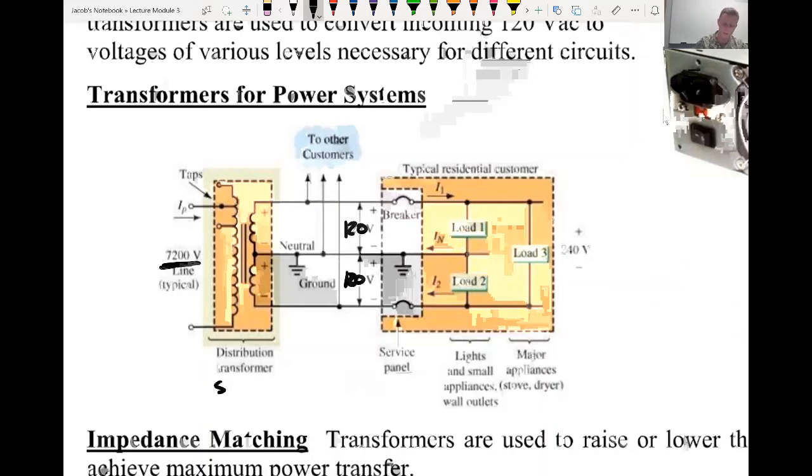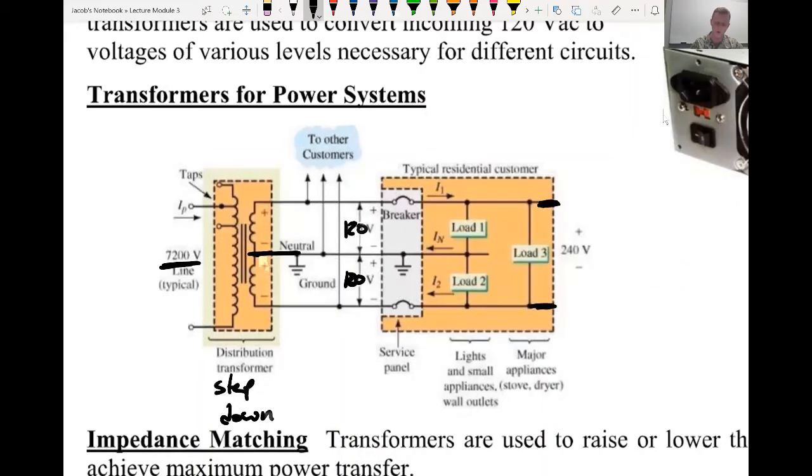So this would be a step down transformer going from 7200 volts down to 240 that we've tapped into by tapping this wire in the middle of the transformer. And if I wanted, I could use all 240 volts by going all the way across it. Say an elevator. The elevator would use all 240 volts, but the lights would just use 120 volts.